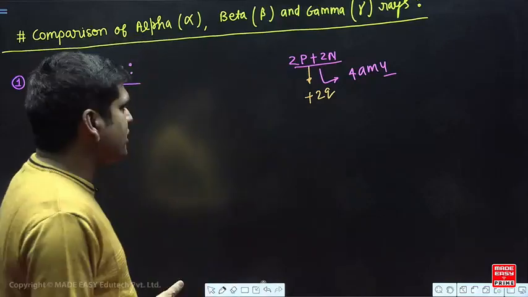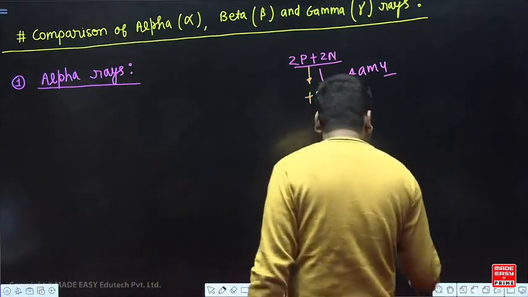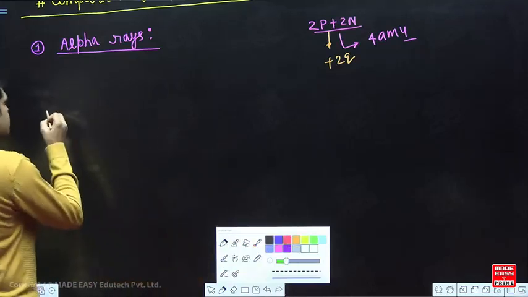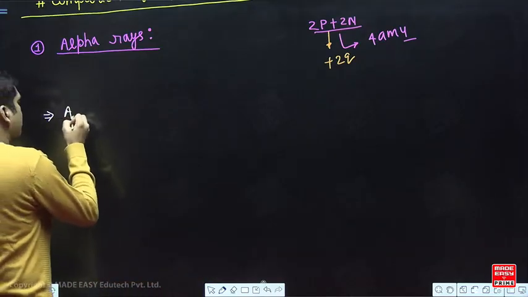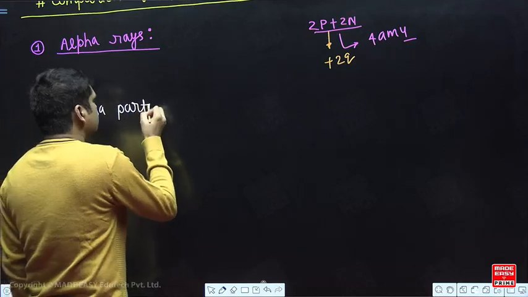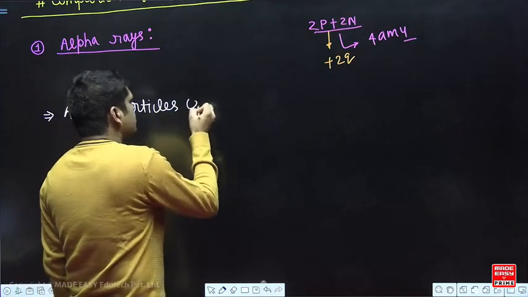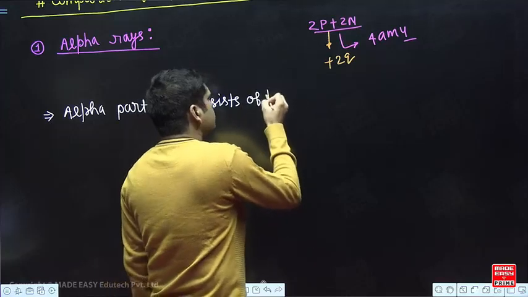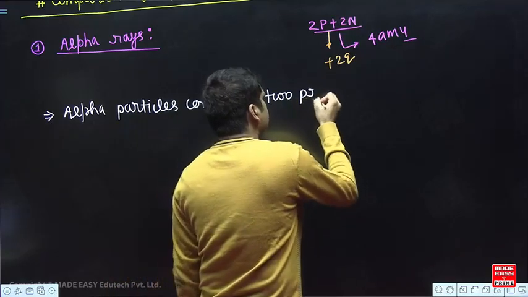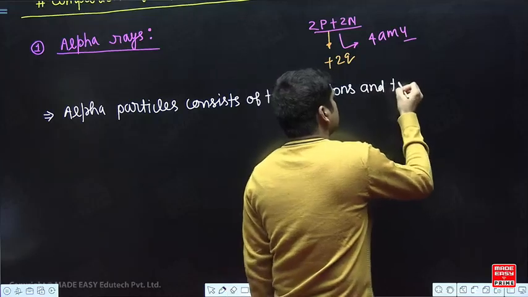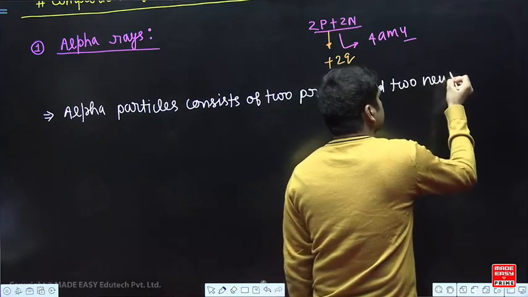So let us write these points. First point: alpha particles consist of 2 protons and 2 neutrons.